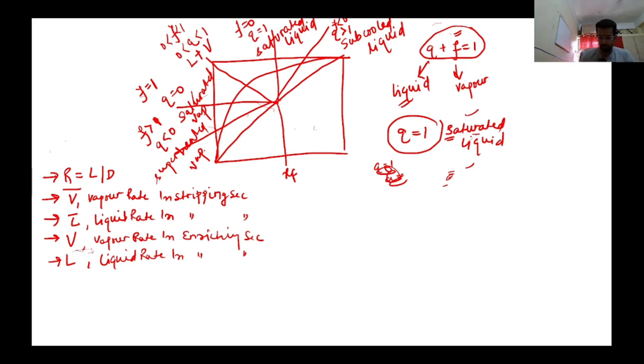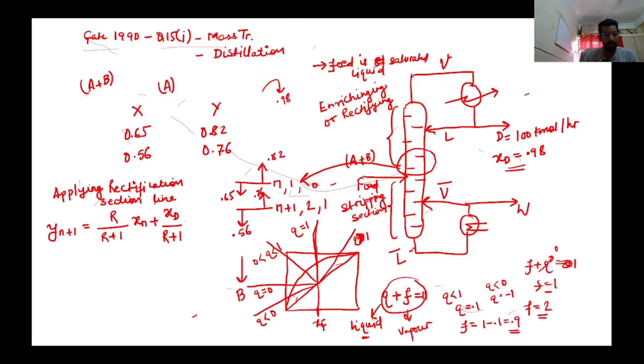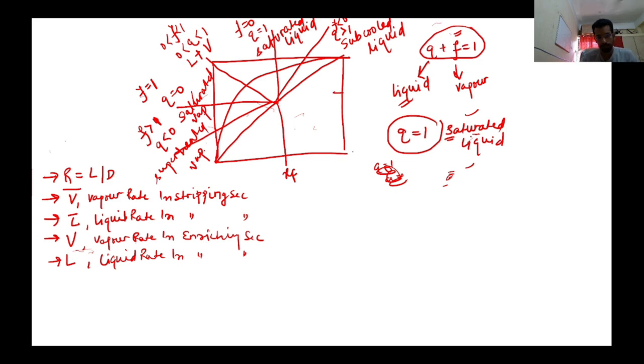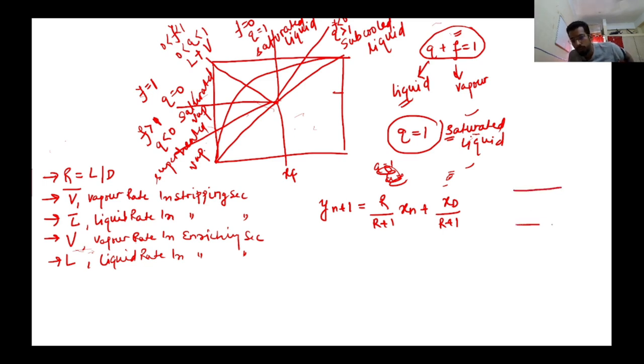Now going to the question. So very first it is asking for the reflux ratio. So we have right here, applying the rectification section operating line, that is y(n+1) is equal to R upon R plus 1 times x(n) plus x(D) upon R plus 1, and we have two adjacent plates on which we have compositions.